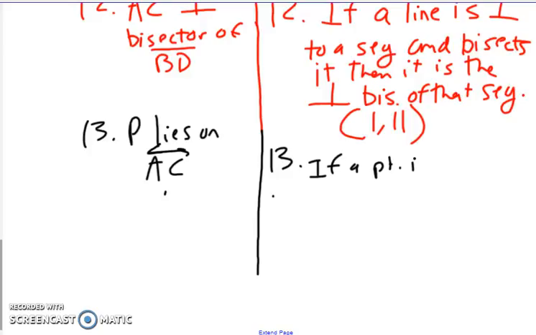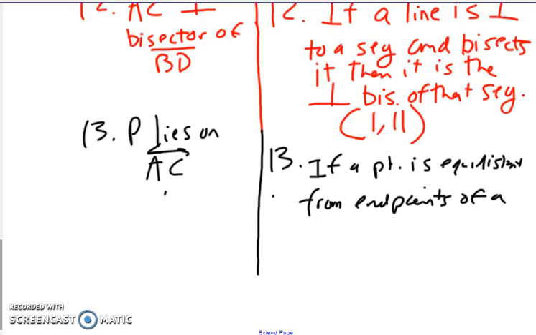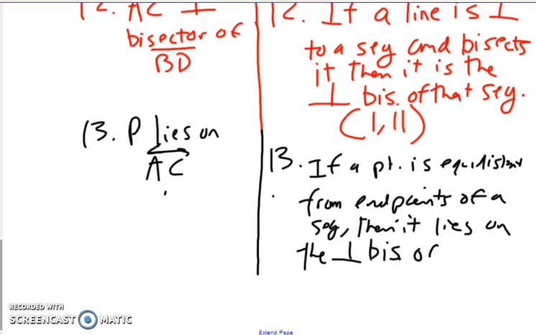If a point is equidistant from the endpoints of a segment, then it lies on the perpendicular bisector of that segment. And we should state that we're using 9, which is that it's equidistant, and 12, which is that AC is the perpendicular bisector.